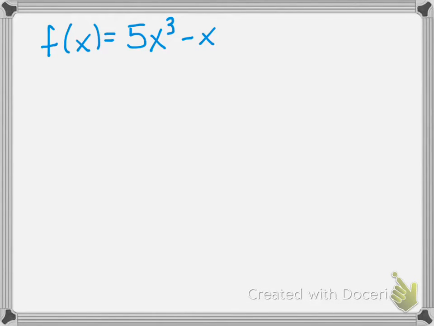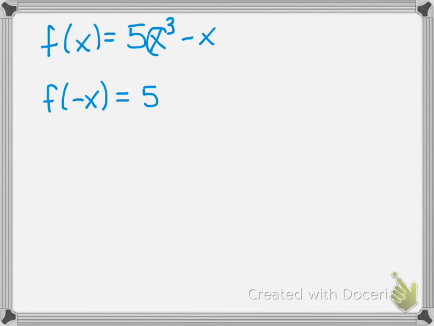Okay, and we'll deal with those in class because we're doing these notes flipped so that we can practice in class. So what we're going to do is to test for symmetry, we simply plug negative x in. So that's what I'm going to do. I'm going to plug negative x into my equation, and I'm going to simplify and see what I get.